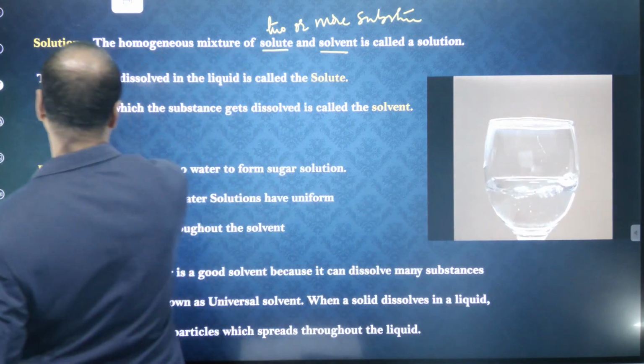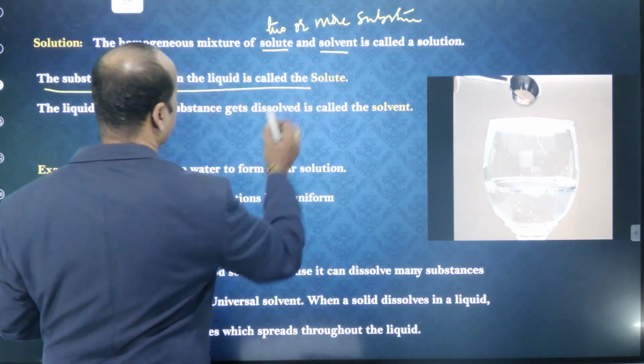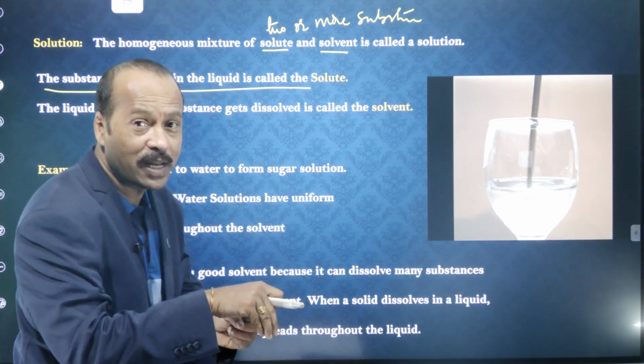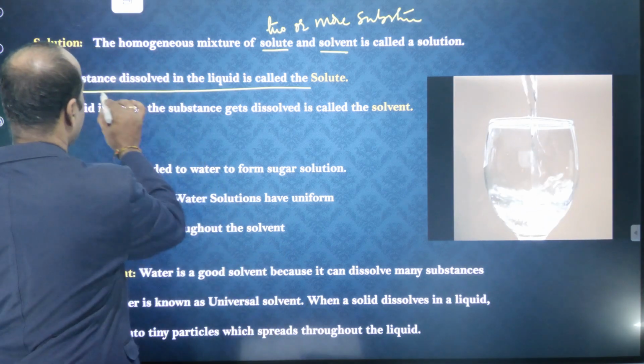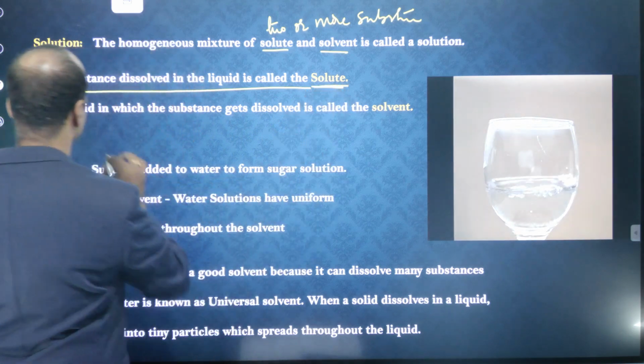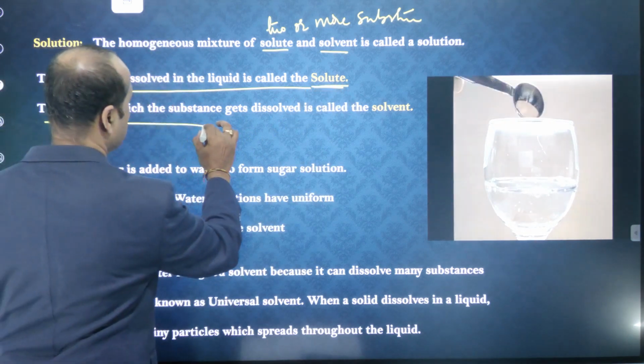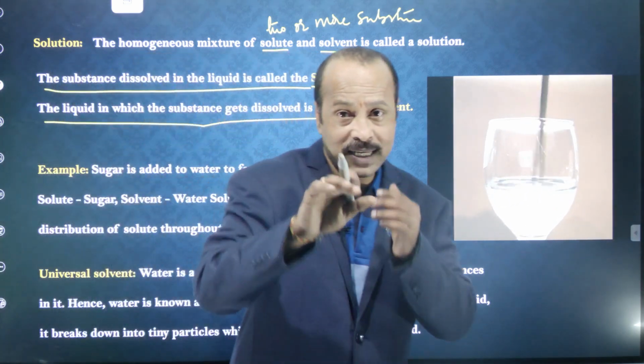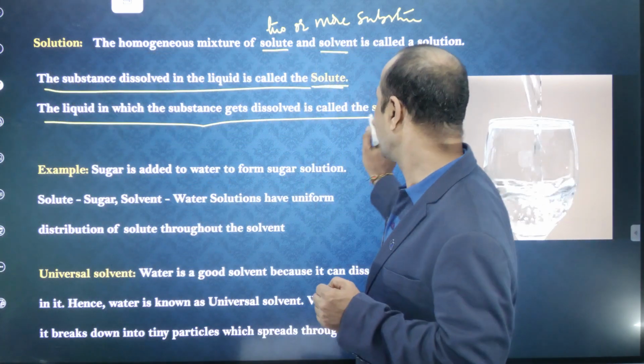So, a substance dissolved in the liquid. The liquid is what? Milk. Which substance are you dissolving in the milk? Sugar. So, that is a solute. The liquid in which the substance gets dissolved, in which the sugar is dissolving, that is milk here. So, milk is called a solvent.